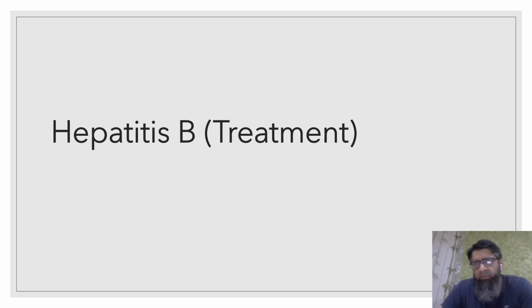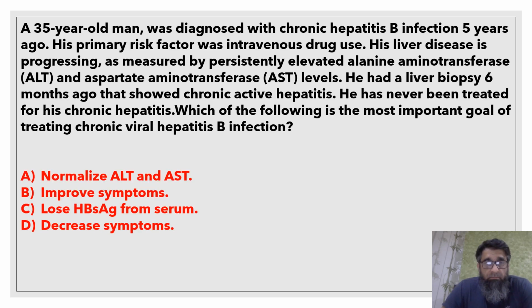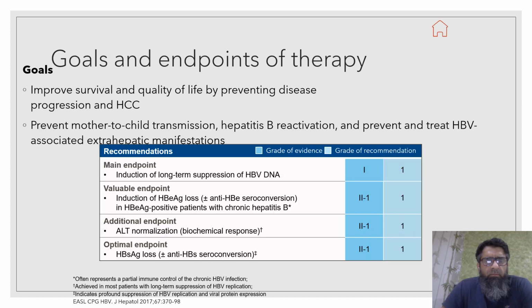Hepatitis B virus treatment is somewhat tricky, and before going to the treatment we have to discuss many things, first of all the scenario. The scenario is about the goals and the endpoints of the therapy: the main endpoint, the valuable endpoint, additional endpoint, and optimal endpoint.